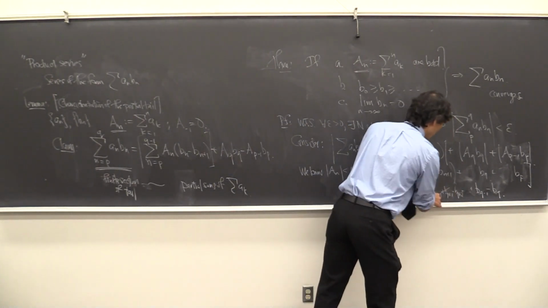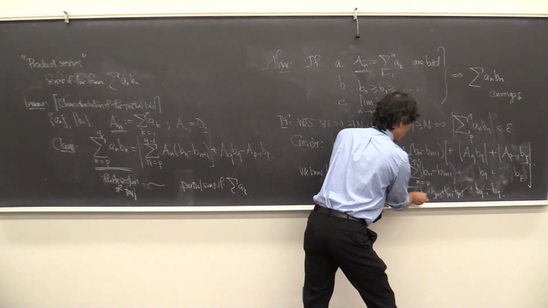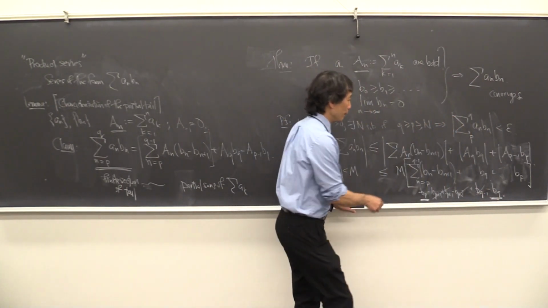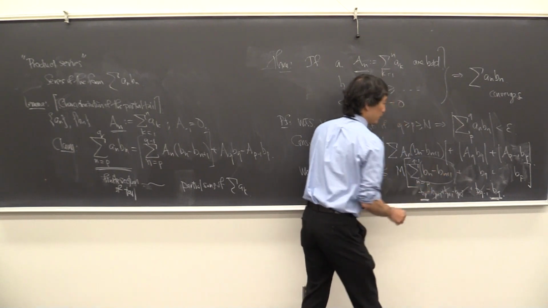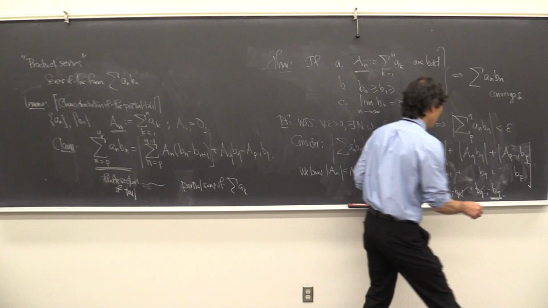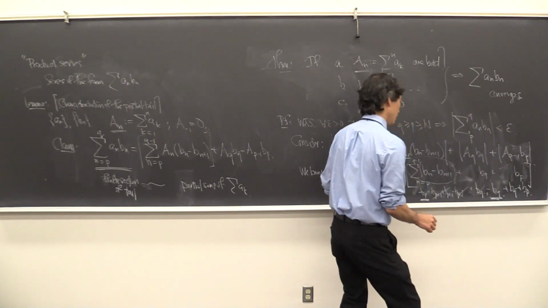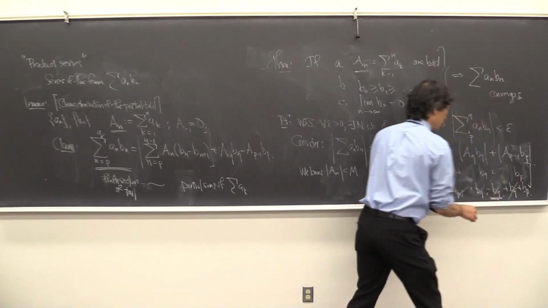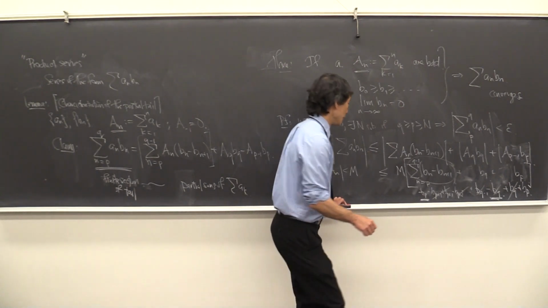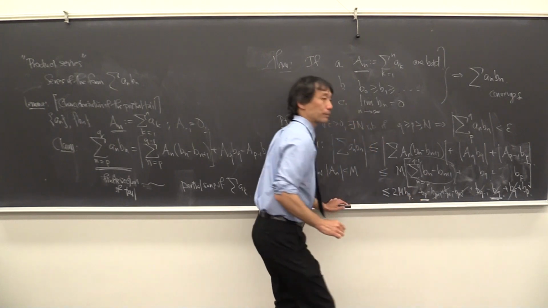It collapses. You have a telescoping sequence, and what you're left with is just b_p and minus b_q at the end. Then we have a b_q and a plus b_p at the end. The b_q cancels that off, and we get 2 b_p. So we get less than or equal to 2 b_p.